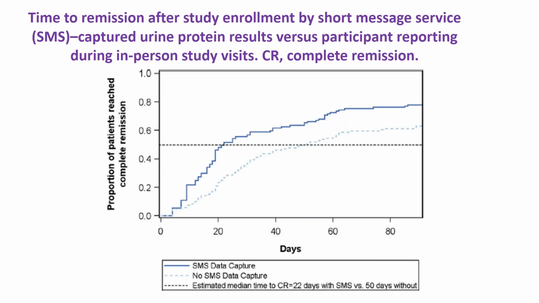If we depended only on data from an in-person clinic visit, we estimated about 50 days until remission from an episode of proteinuria. But if we use the text messaging data, it was less than half that, only 22 days, because they were reporting every day for much of their time, and after that, every week, as part of the Neptune study.